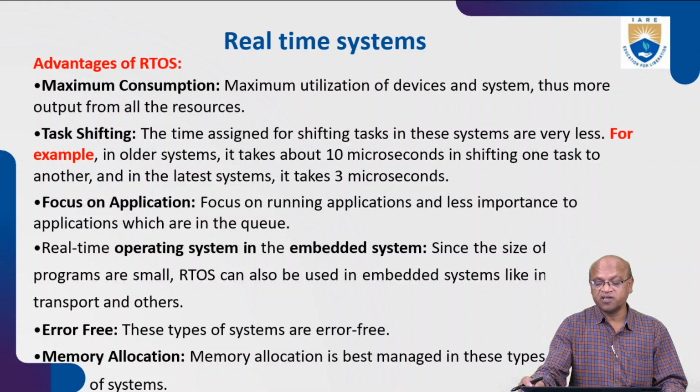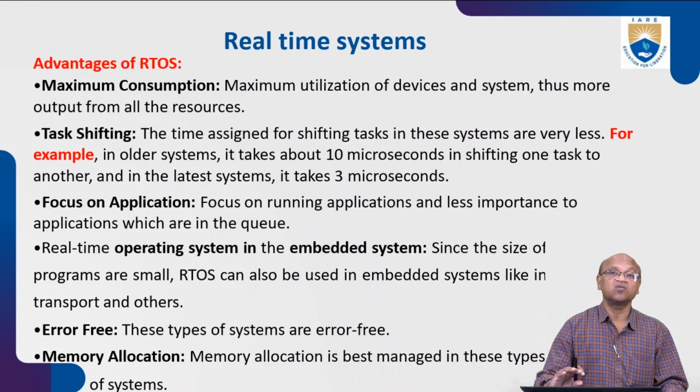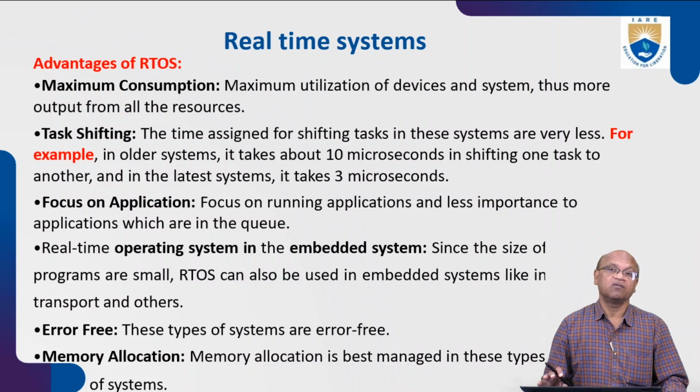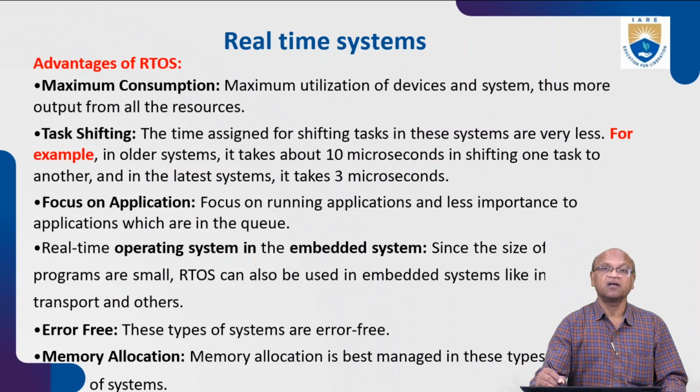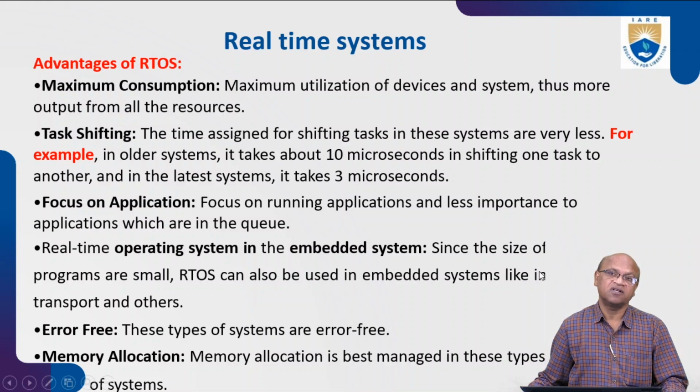Memory allocation is best managed in these types of systems because there is no delay to go to the memory and get the data, since data is readily available to execute. Suppose there is an airbag in a car. If there is any delay when the accident occurs, and the code is not working to open the airbag, then there will be fatal damage to the driver and the car.